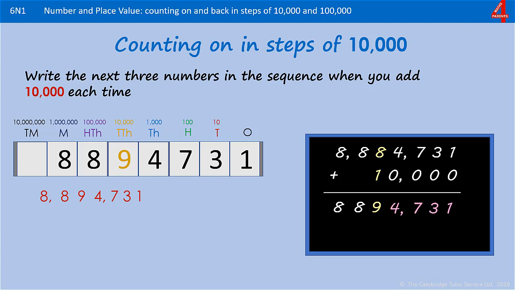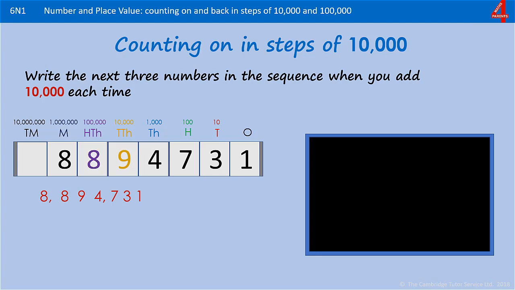Now we're going to add on another 10,000. If you have a look in that 10,000s column, you'll see we now have a 9, and that's the highest digit in our base 10 number system. So if we're adding 10,000, that digit has to go back to 0. So that 8 in the 100,000s column is also going to change.